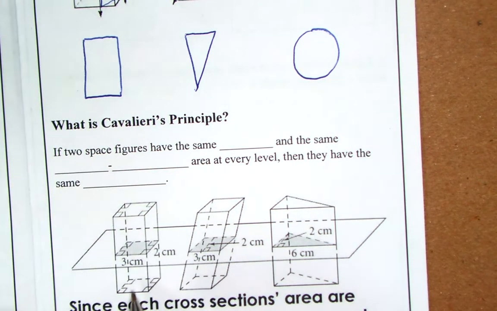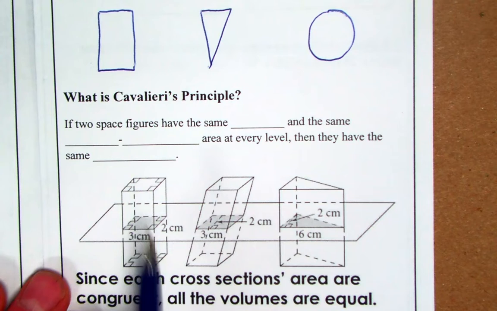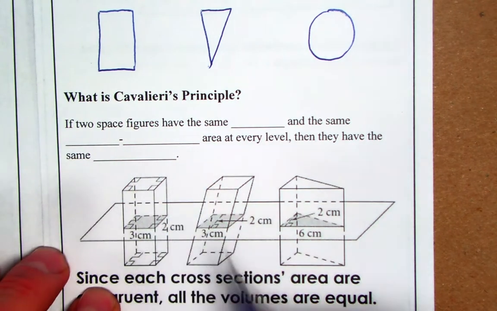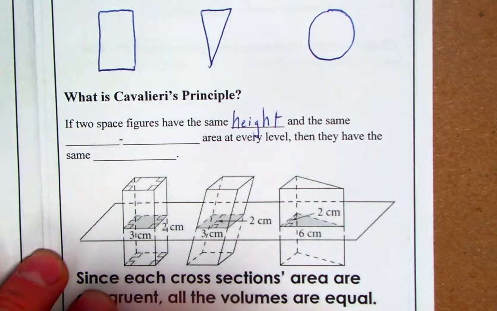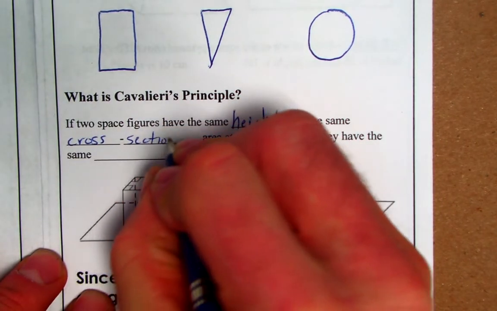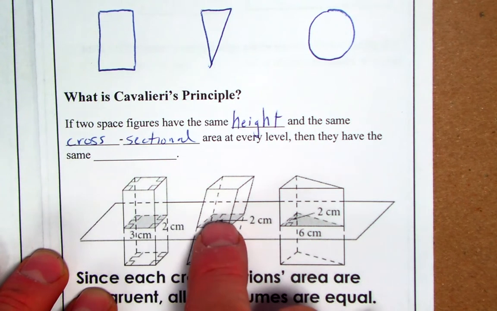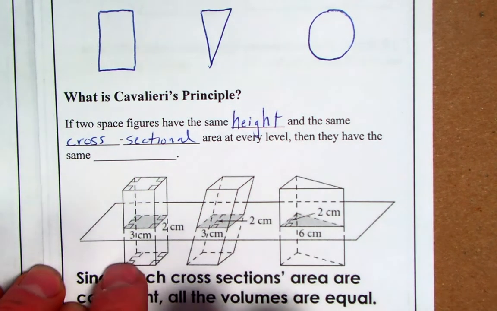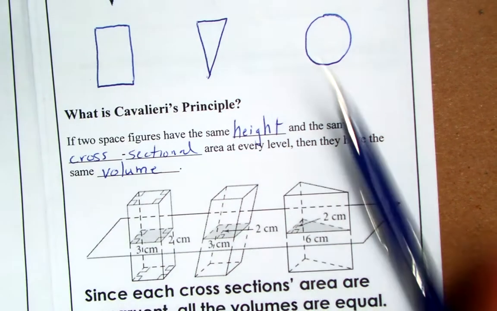It's talking about the volume of prisms, more along the lines of: if two or more figures have the same height, and they have the same cross-sectional area at every level, so these all have the same area at each height, then every one of those figures has to have the same volume.